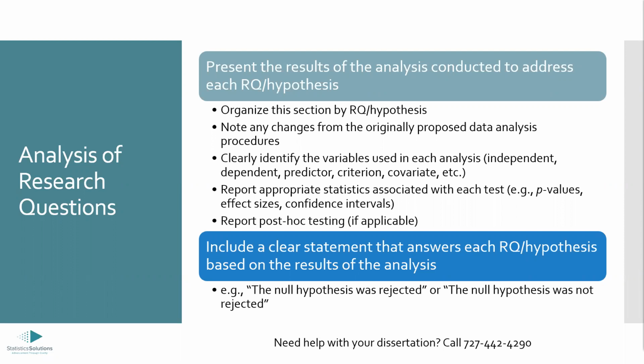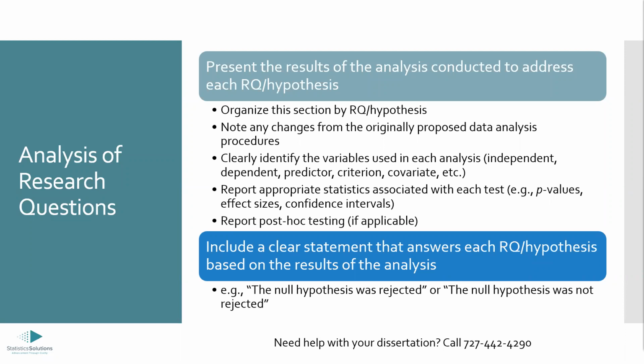And then if your analysis involves any post hoc testing, so for instance, if you're doing an ANOVA with 3 or more groups and it was significant, then you may need to do post hoc testing to determine which groups were different from each other. So if you have an analysis that requires post hoc testing, you'll want to present the results of those post hoc tests.